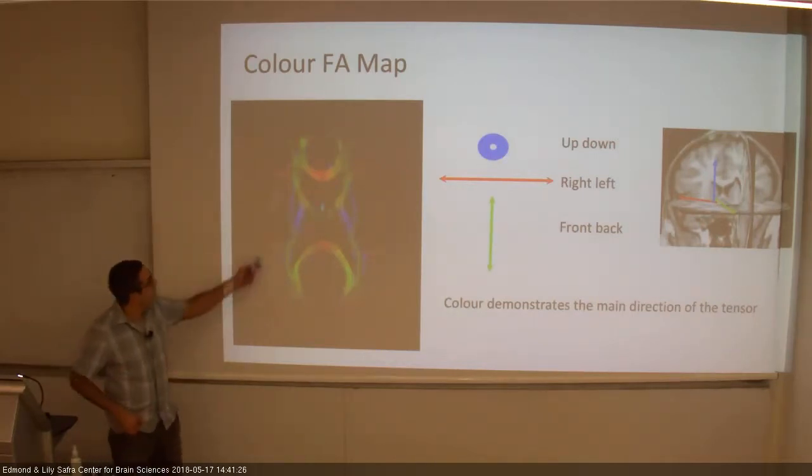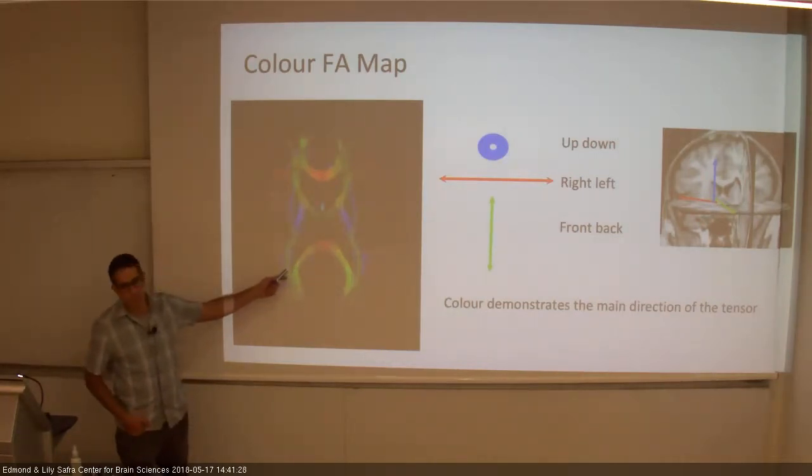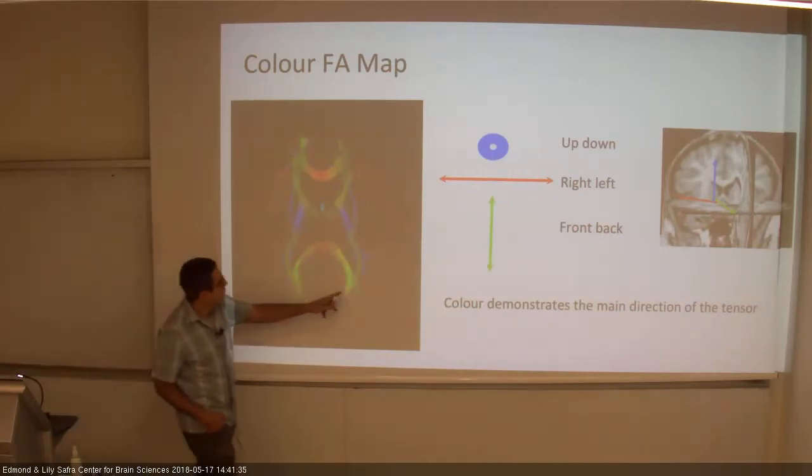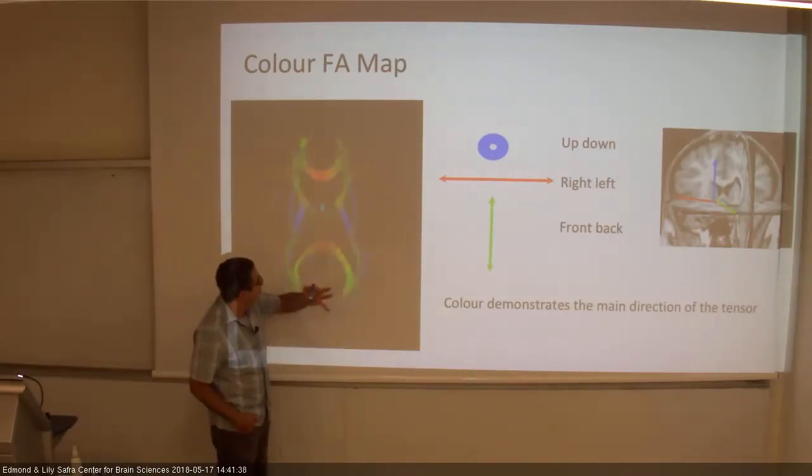That's how we get these even more colorful images of the brain, which also help us dissociate one track from the other, or to say where they're going to. For instance, you can see something here that goes in that direction and another one that goes out, right?